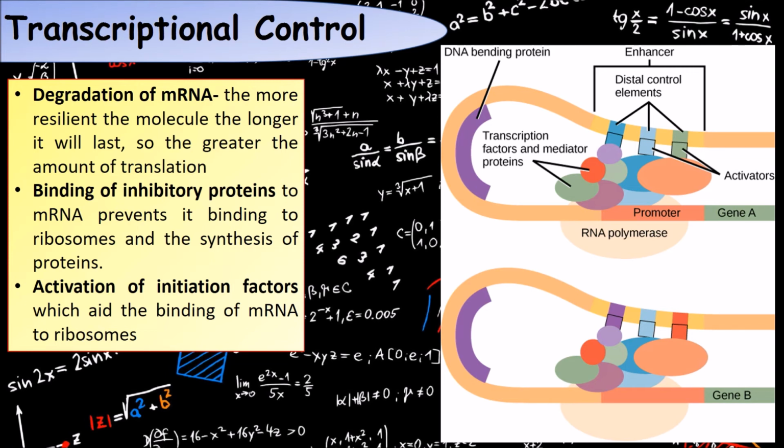Either by the degradation of messenger RNA, so the more resilient the molecule, the longer it will last, so the greater the amount of translation; binding of inhibitory proteins to the messenger RNA that prevents it binding to the ribosomes; and activation of initiation factors which aid the binding of messenger RNA to the ribosomes, so therefore more transcription and translation will happen, so more proteins will be synthesized.